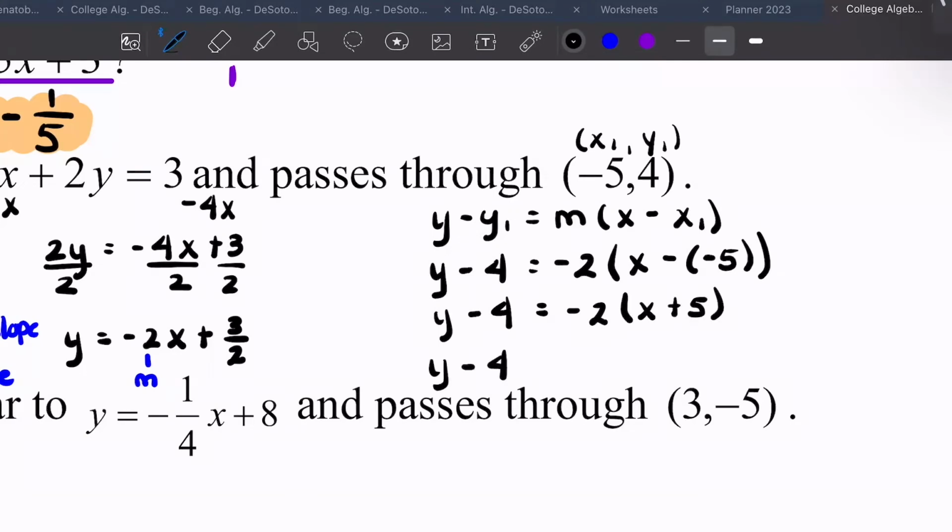Y minus 4 equals negative 2x minus 10. Then I'm going to add 4 because I'm just solving for y. Y equals negative 2x minus 6.